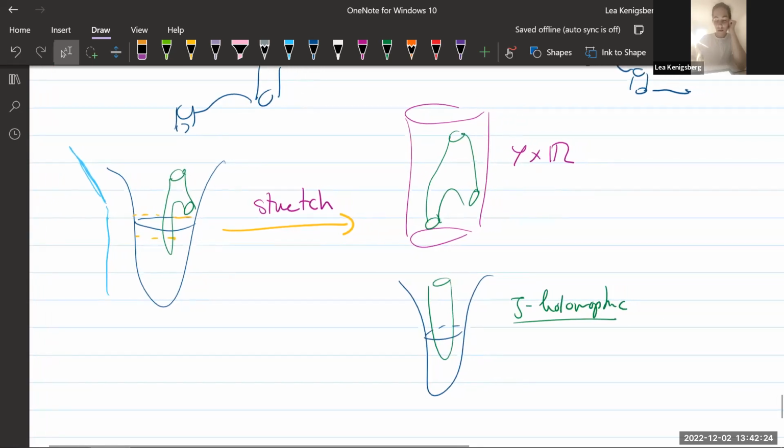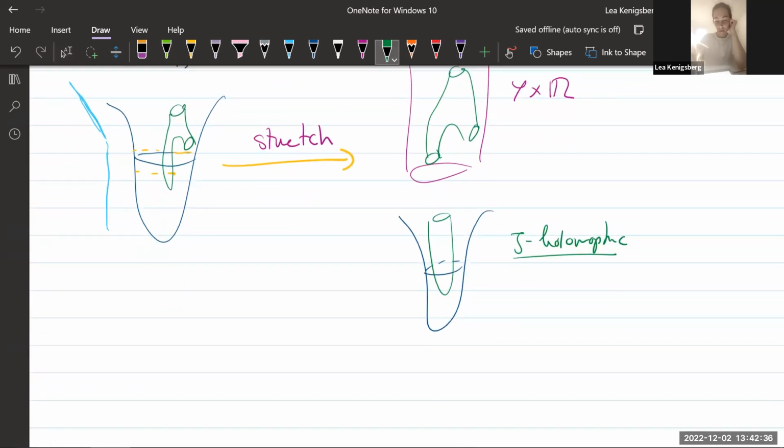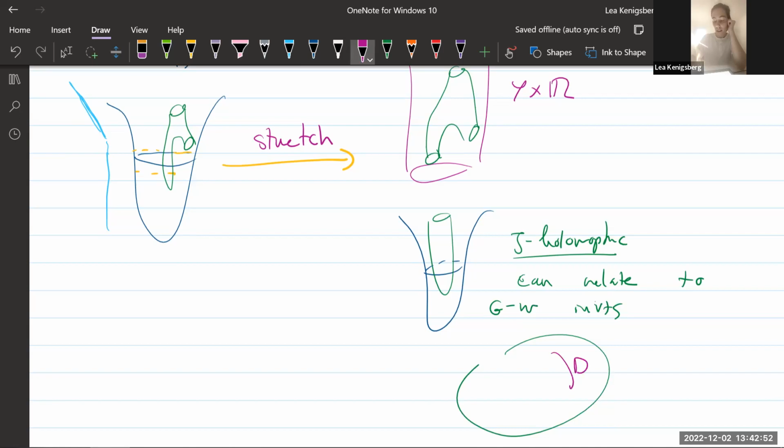So these are J-holomorphic, and you can relate them to Gromov-Witten invariants of X in X with some tangency conditions in D. So this was my D, and you relate this back to something like that.